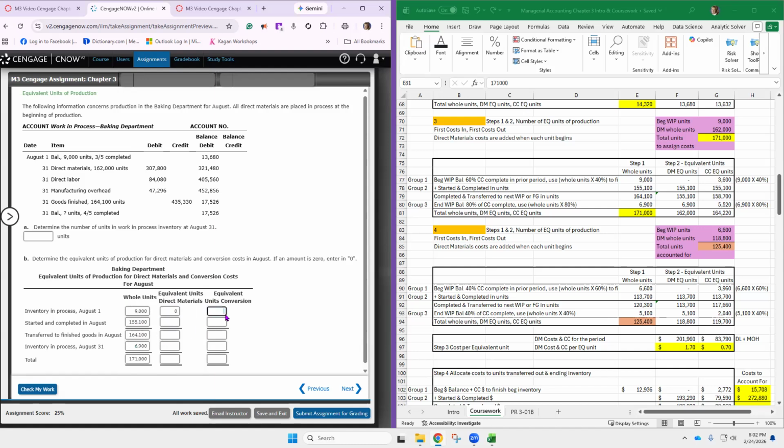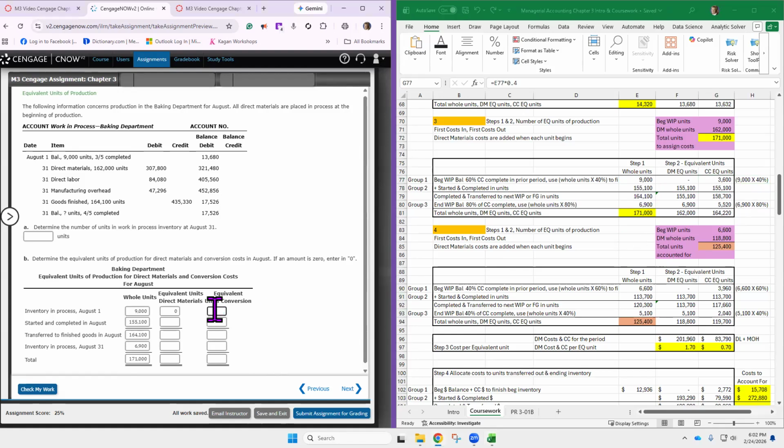And this is always going to be some number, and we have to remember how complete they are. 3/5 is 60%, and to finish them we need to do 40%. So we take 40% times the whole units of 9,000 right here. 40% of 9,000 is 3,600 units.